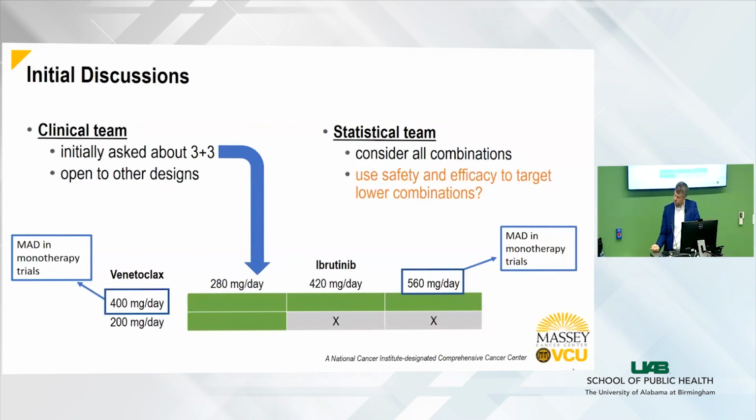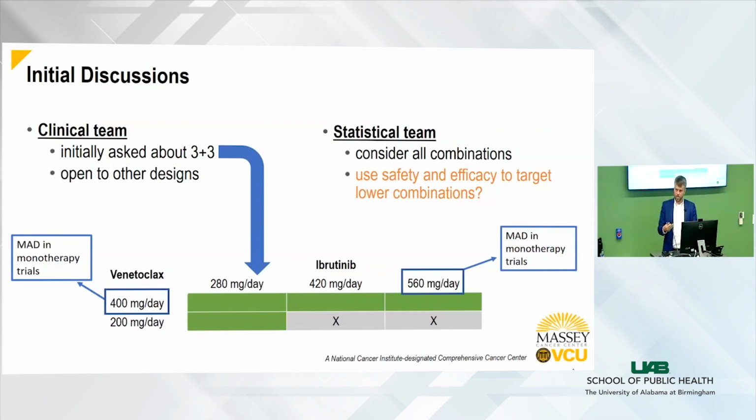Because what I've provided for you here is that the 400 milligrams per day is MAD, meaning maximum administered dose in monotherapy trials. So in the monotherapy trial of venetoclax, the maximum administered dose was pushed up to 400 milligrams a day. And in the Brutinib monotherapy trials, the dose was pushed up to 560 milligrams a day. And they're bringing us doses that are lower than that.